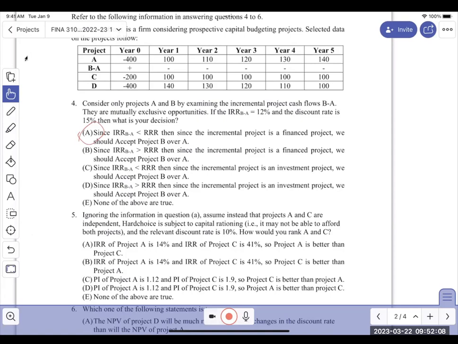Now, if we look at project A is an investment type project because the first cash flow is a negative, the rest are positive, and so is project C. So let's calculate the project A.